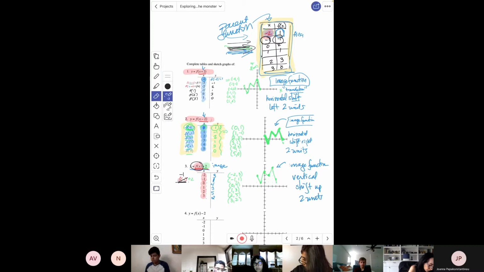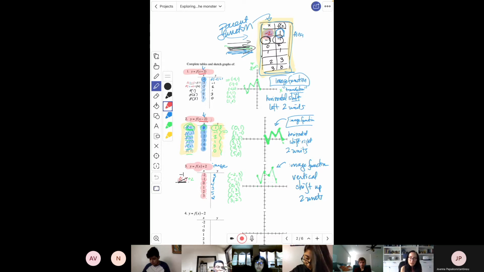So again, if I look at the equation, you should be able to recognize that I am taking each of my outputs, each of my y values, and moving them up 2. So by looking at this equation, you should recognize immediately that I've taken my parent and shifted it up 2.